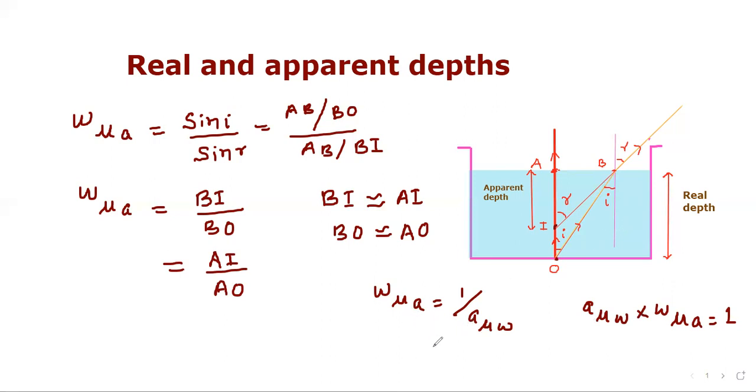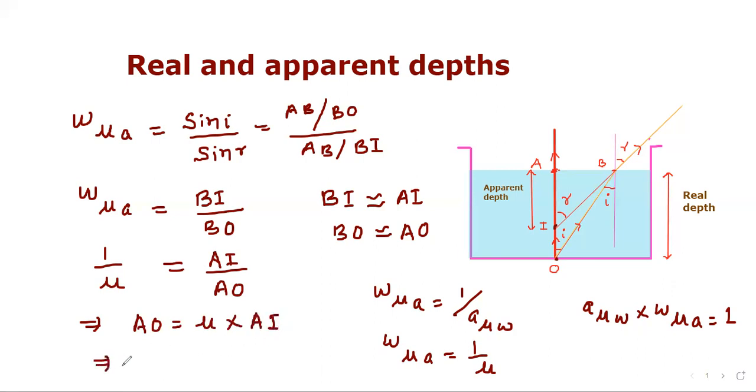So we write W mu A equal to 1 upon mu. We cross multiply, so AO equal to mu times AI, which means mu equal to AO divided by AI.